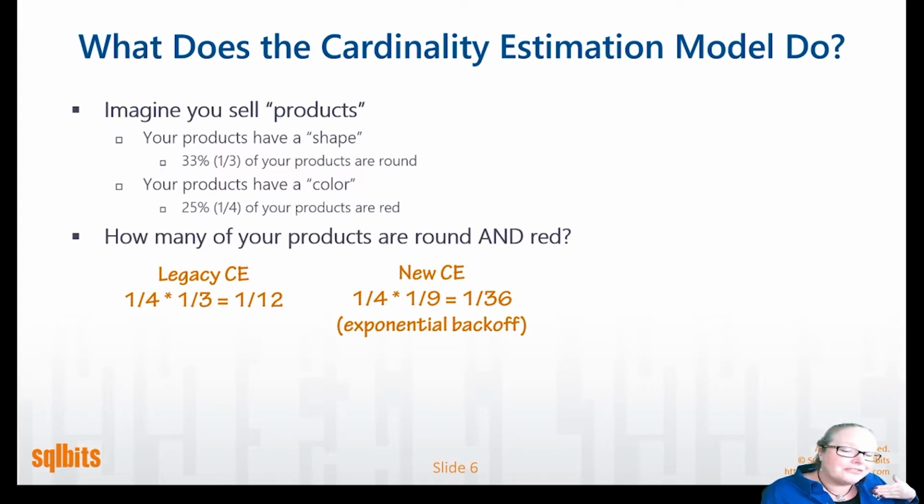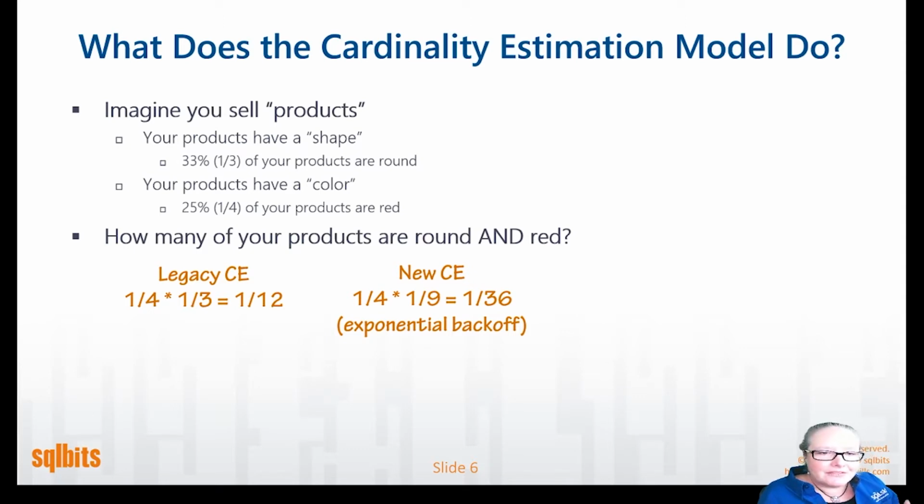Let's back off a little bit on these calculations. And when it does its calculations, it takes the fractions after the lowest. So it takes first the lowest fraction of the ones we're calculating, which is a quarter. And then it starts to back off of the next fraction. So 1/3, it basically squares that third to a ninth, and it multiplies that out, and we get 1/36.